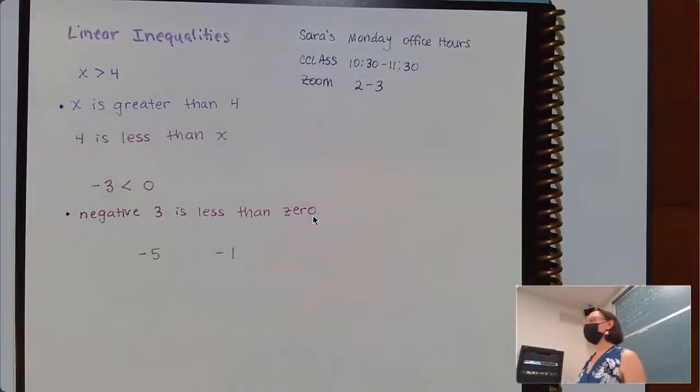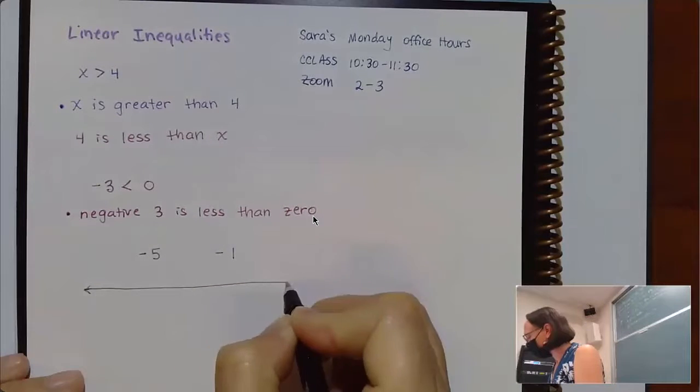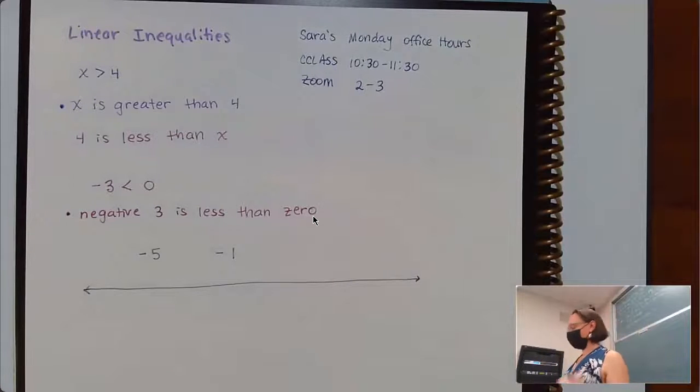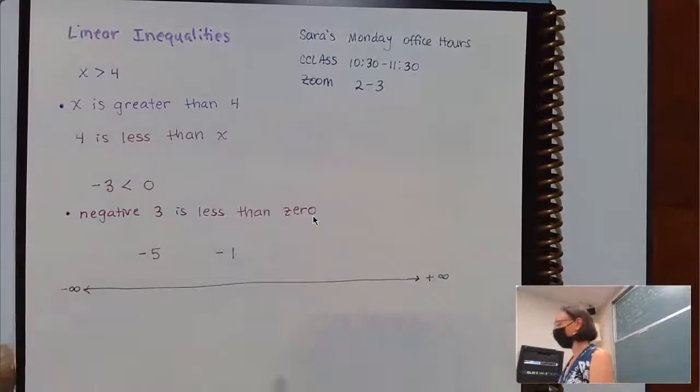5 on its own is bigger than 1. But when we're using this inequality notation, what we actually mean is who is further left on the number line. So when I'm talking about a number line, we imagine that there is this continuous line of values stretching from -infinity to +infinity. And all of our numbers are ranked on this number line from left to right.